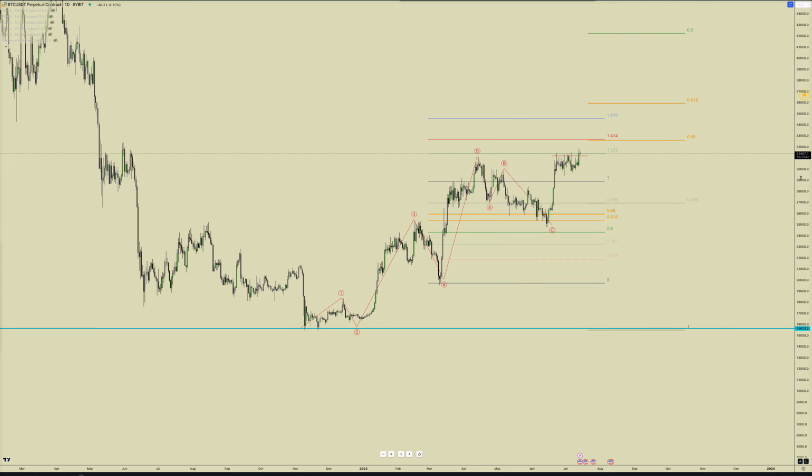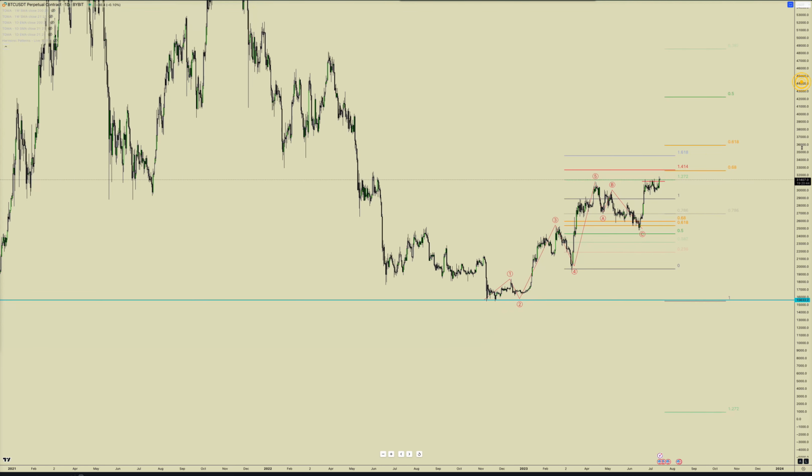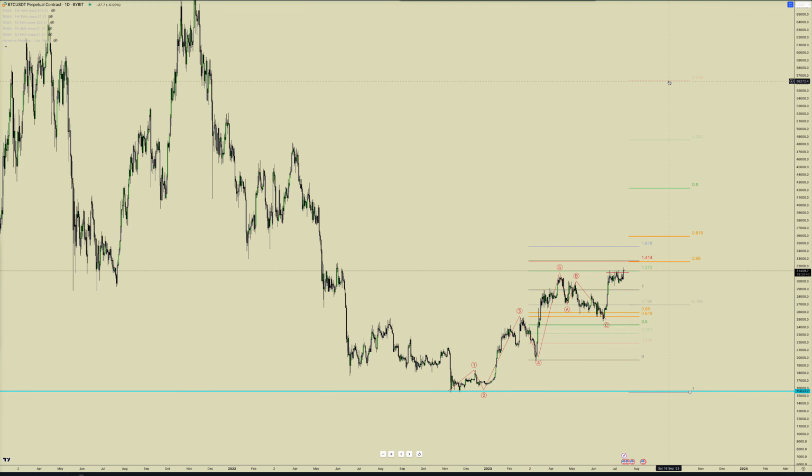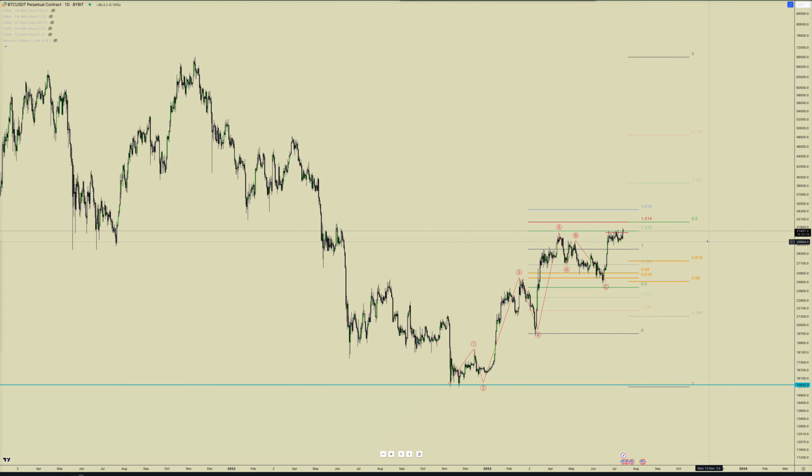Now, when we look at this macro chart, remember we were talking about Fibonacci. Let's put the logarithmic on. You can see the 0.5 back there as well. Let's just get rid of this for a sec.